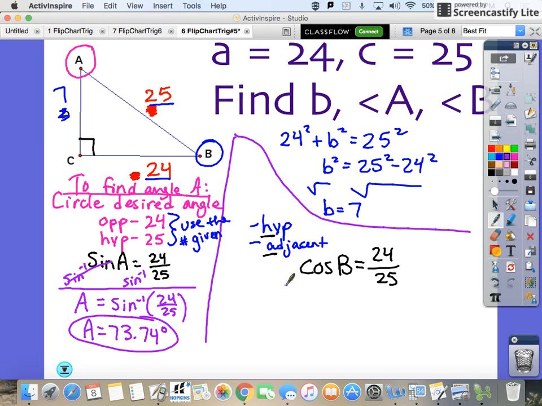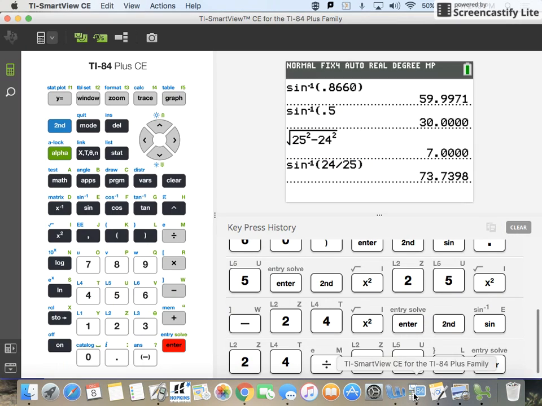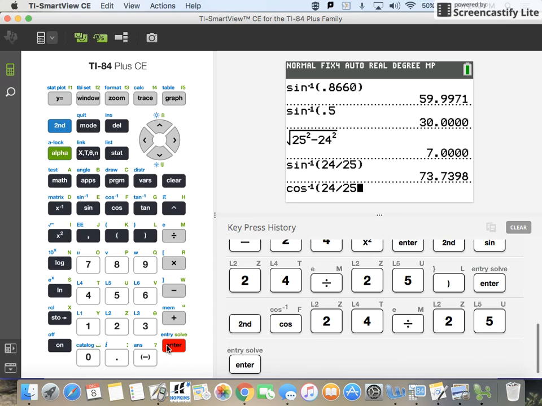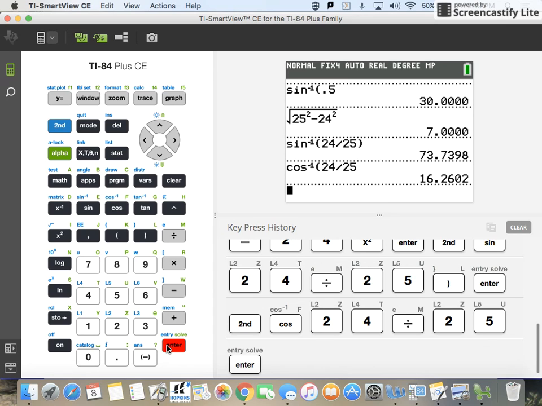So what we've got is cosine inverse. So B equals cosine inverse of 24 over 25, so about 16.26.